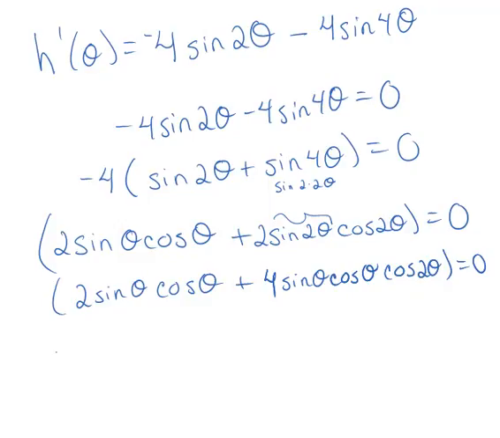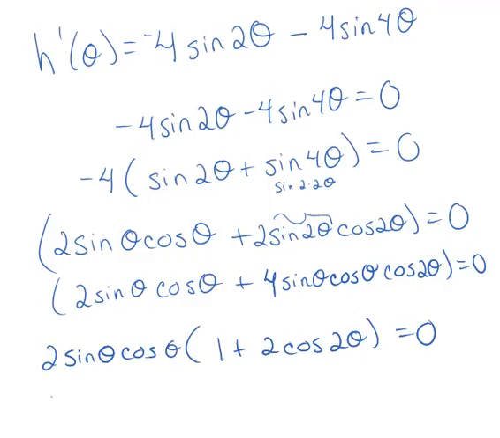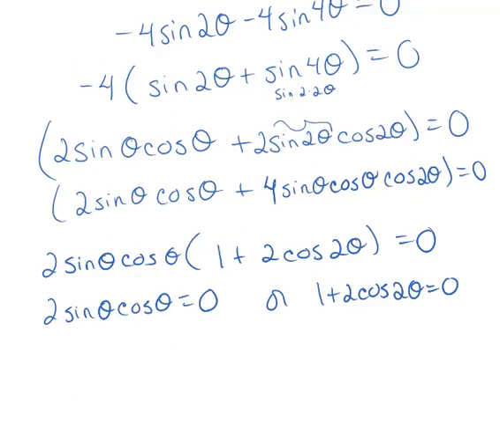If you believe me, I can factor 2 sine theta cosine theta out, and then I'll just get 1 plus 2 cosine 2 theta equals 0. So now this is 2 sine theta cosine theta equals 0, or 1 plus 2 cosine 2 theta equals 0.